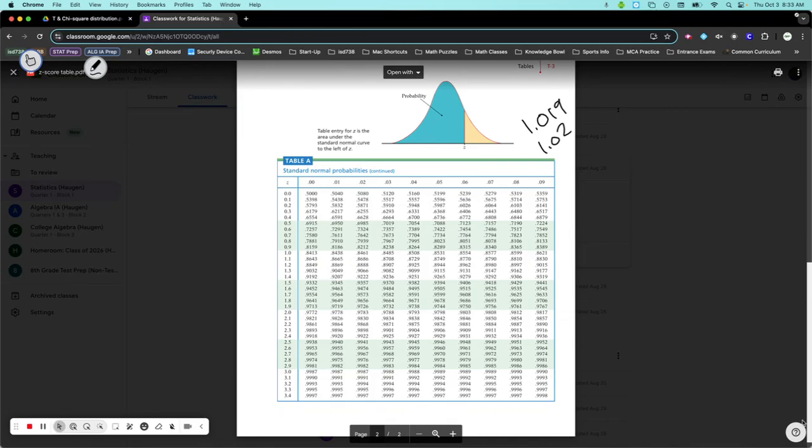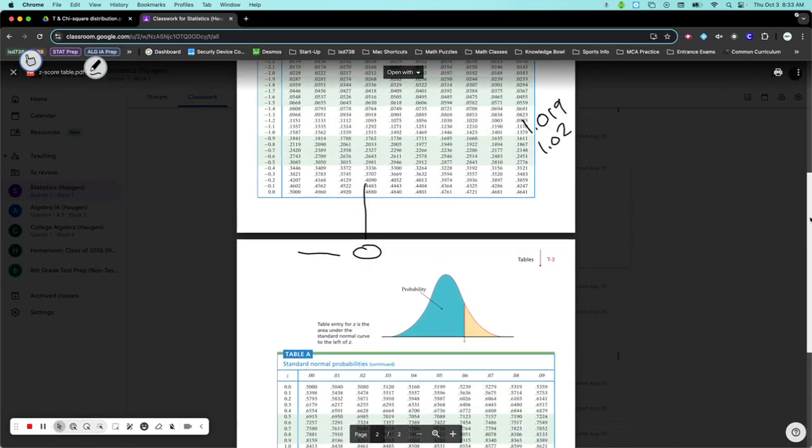After I looked at it, I was like, oh wait, I can't do that, because there's the 1.02, and that tells me this large portion, all this large space. So that's not what I want.